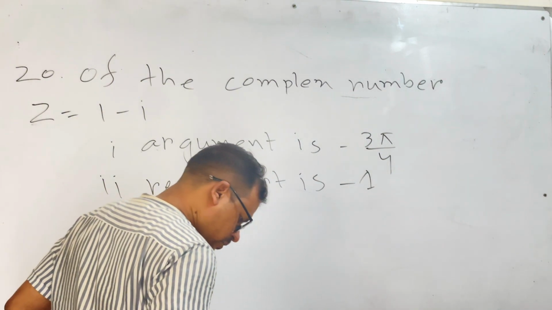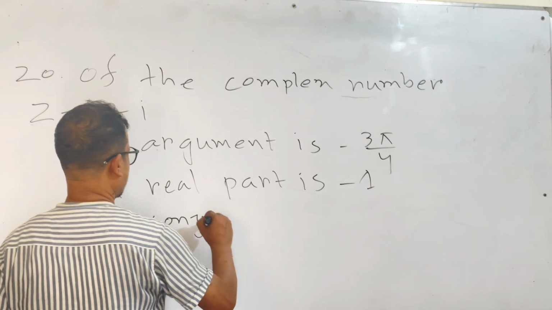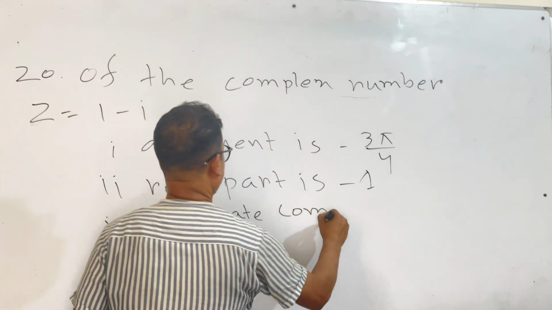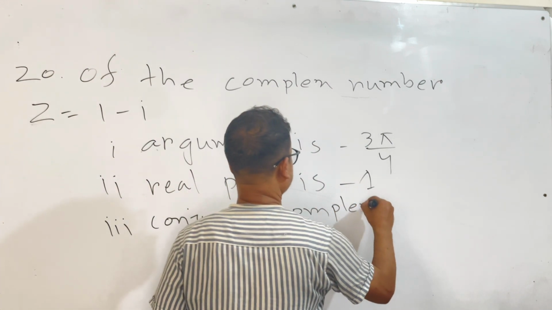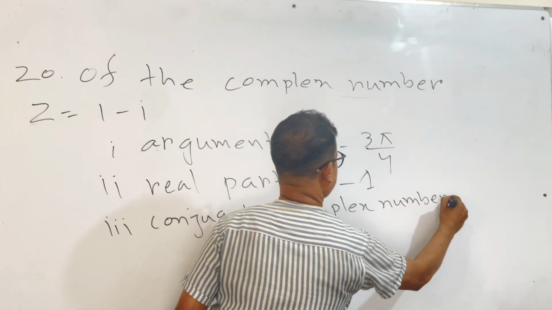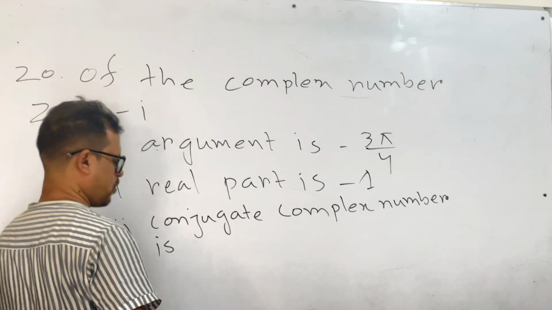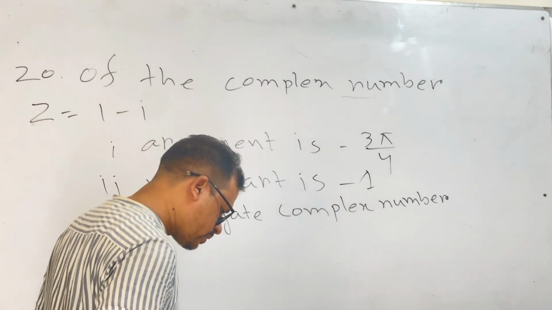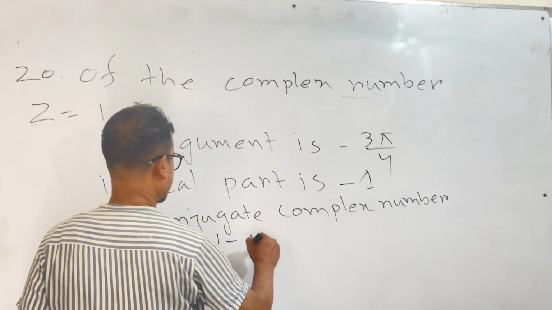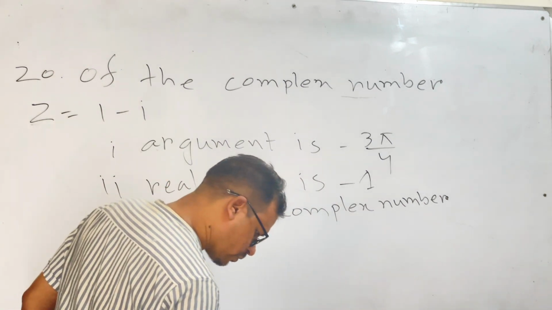3. Conjugate complex number is 1 minus 1.